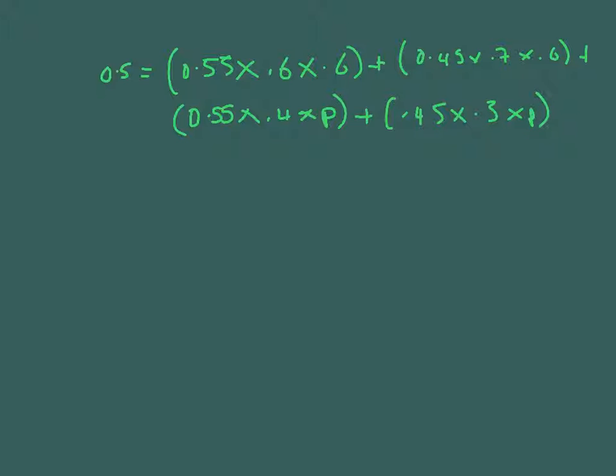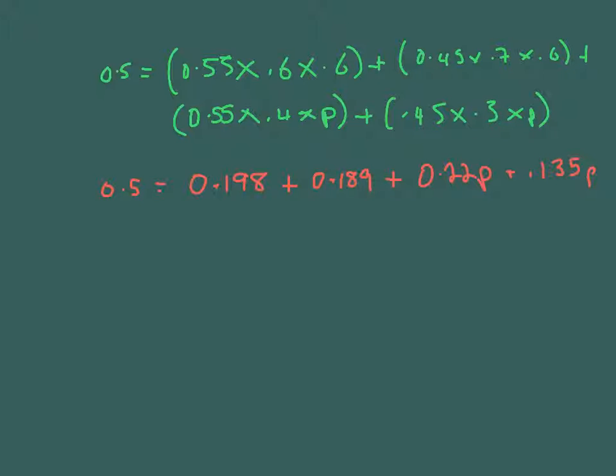Now we have to deal with the brackets that don't have a P in them first, so 0.5 equals, the first bracket, when we work it out, is 0.198, plus the next bracket is 0.189, and then our two brackets underneath: the first one would be 0.22P, and the second one would be 0.135P.